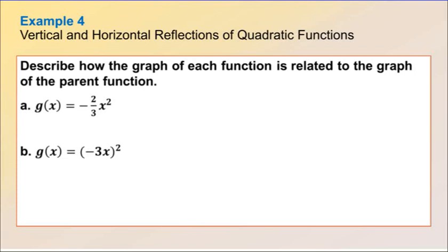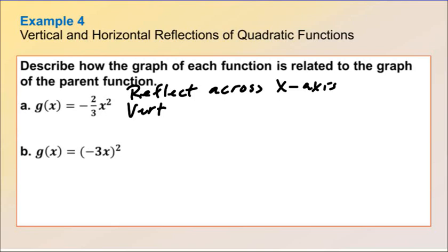So here we need to describe how the graph of the function changes from the parent function. There's a negative and it's on the outside, so this is a reflection. It affects the y-coordinates, so this will be reflected across the x-axis. This is a vertical dilation.